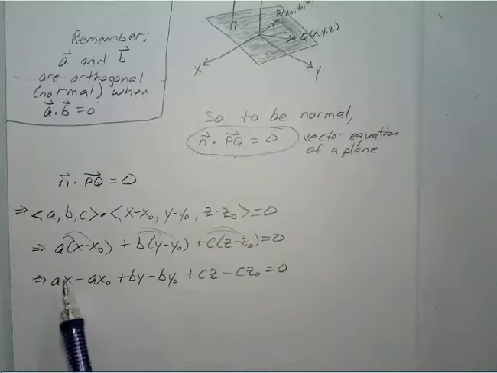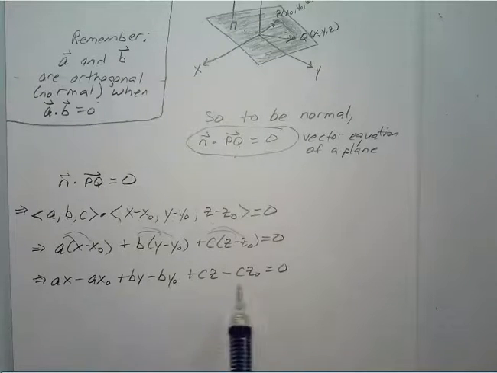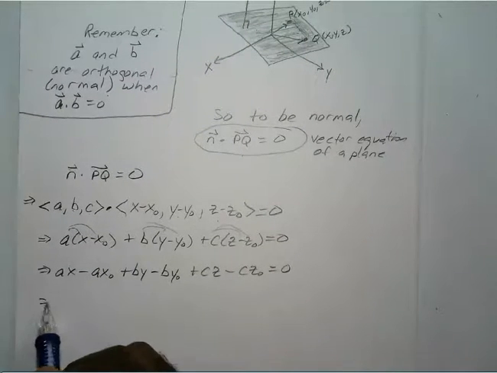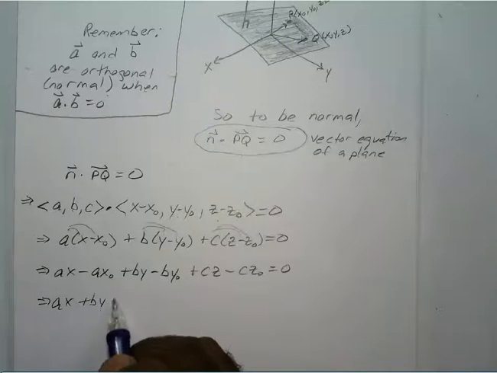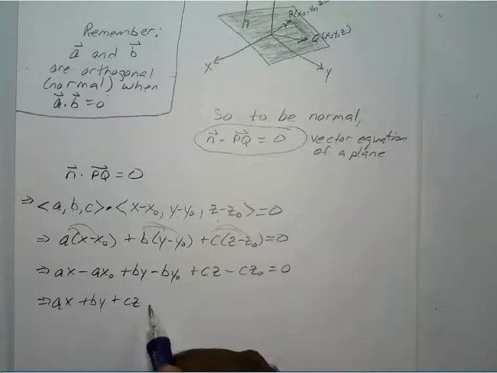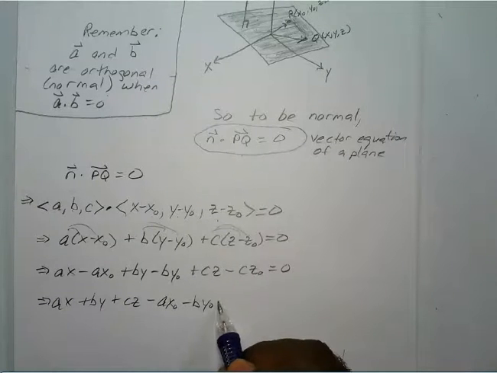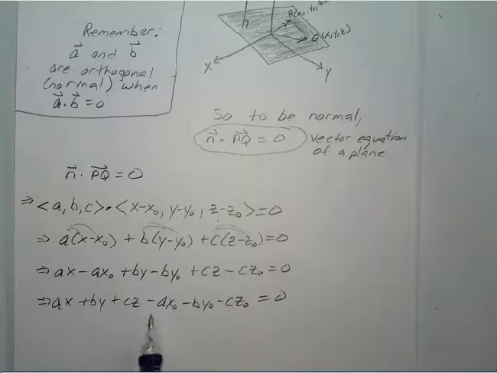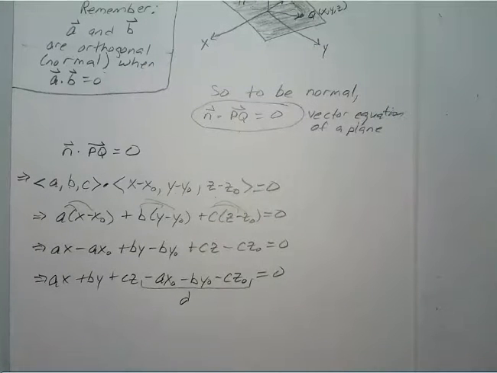So if we take just our x, y, and z and separate them from our x0, y0, z0, that gives us ax plus by plus cz minus ax0 minus by0 minus cz0 equals 0. And this portion here, we'll just say is equal to the value d.